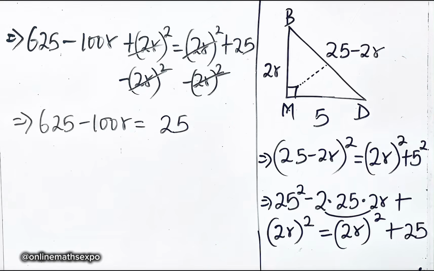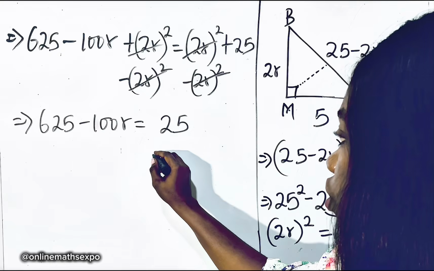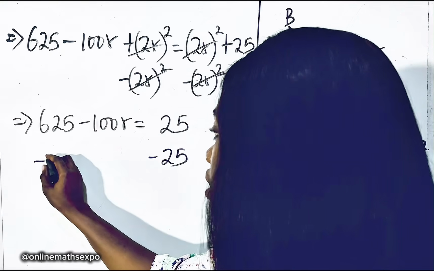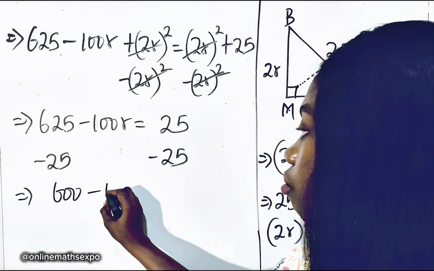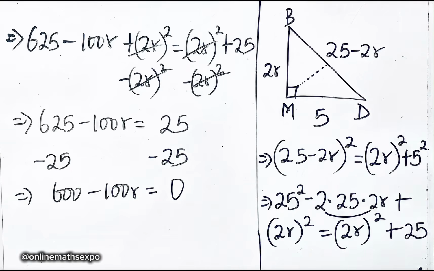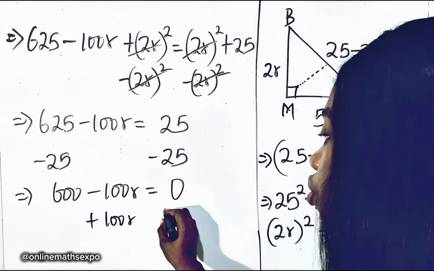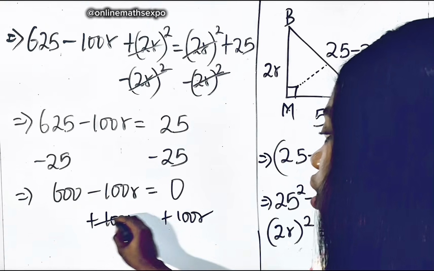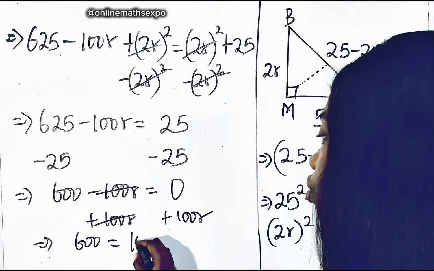What should we do next? We are going to take this to the left. So to do that, subtract 25 from both sides. And that gives us 600 minus 100R is equal to 0. What should we do? Let's take this to the right. You add 100R to both sides, so we are going to have 600 is equal to 100R.